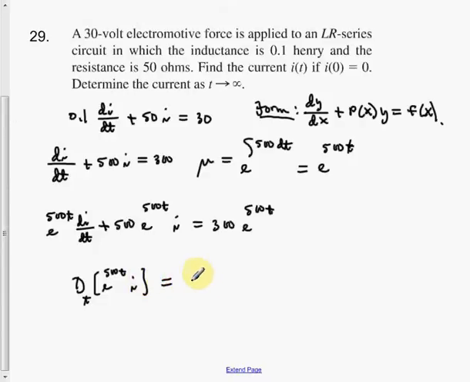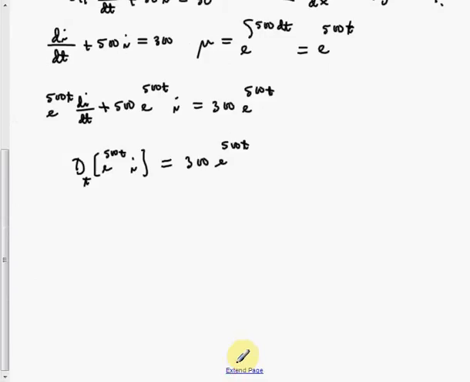This is equal to 300 times e to the 500t. Now integrate both sides, and when you do, the left side is just what's in the brackets there. So this is e to the 500t times I is equal to 300 times the integral of e to the 500t dt.